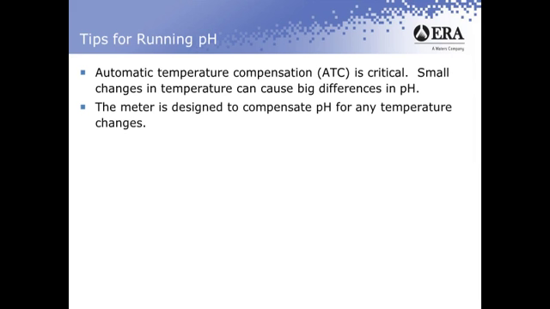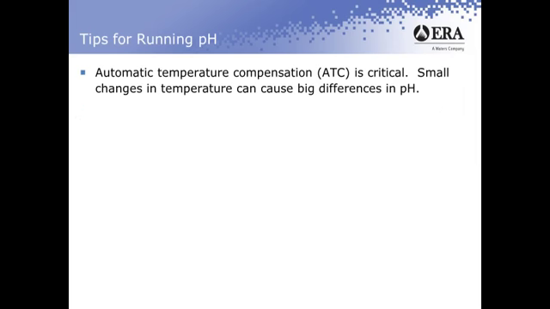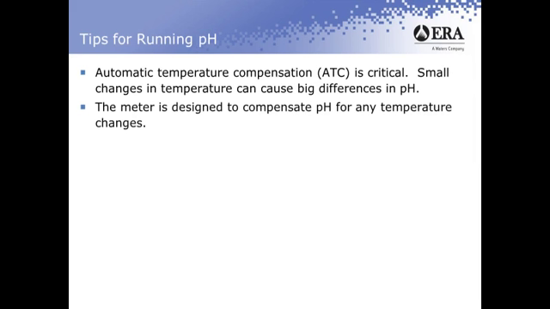As you can see with the buffers that you use, most of the companies that provide buffers, either on the label or the certificate of analysis, will show the value of your pH buffer at different temperatures. So the ATC can compensate for any change in the temperature. Even if you're running your samples at, say, 12 degrees, when your buffers are at 20 or 25 degrees, the ATC can compensate for that temperature change.